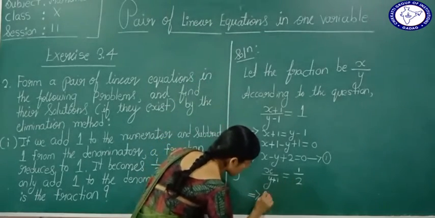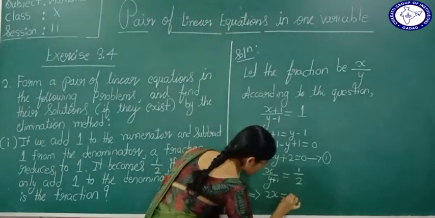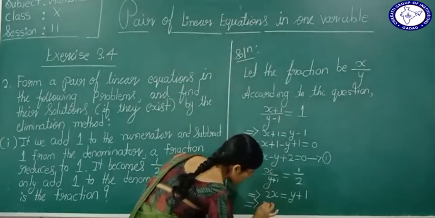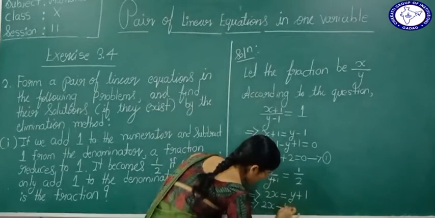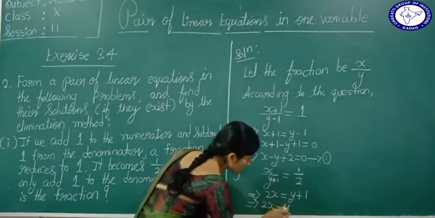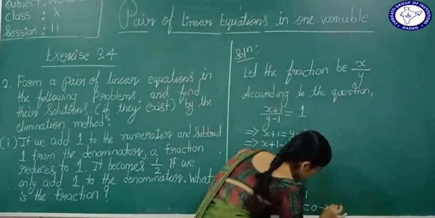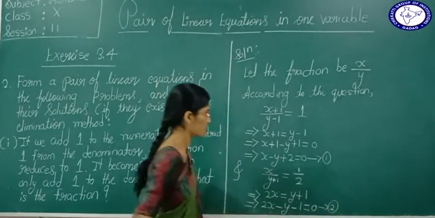Cross multiply here. It becomes 2x is equal to y plus 1. So 2x minus y minus 1 is equal to 0. Call this equation number 2.